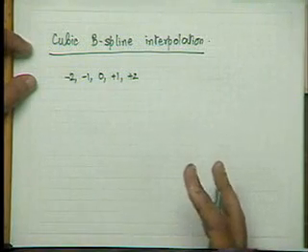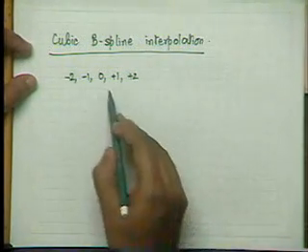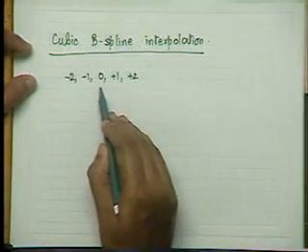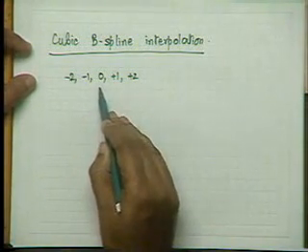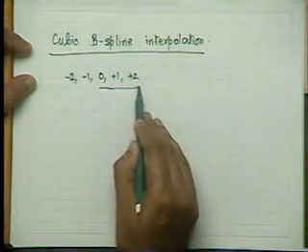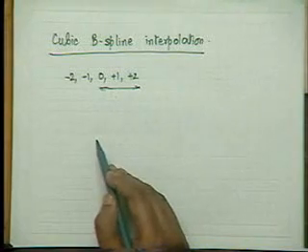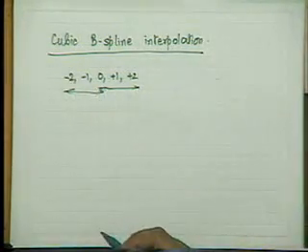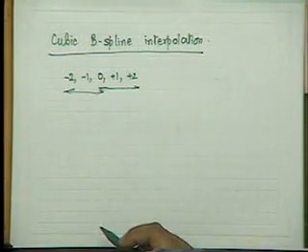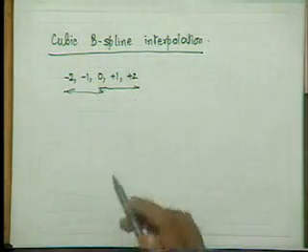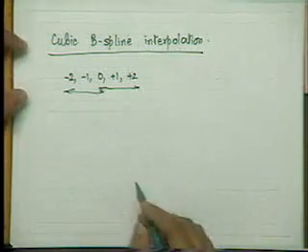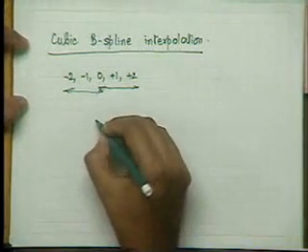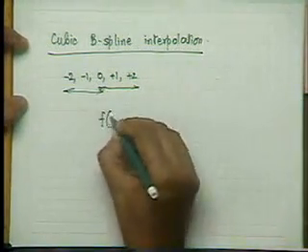And of course it is symmetric. So if we know the nature of the function from 0 to 2, we can also know the nature of the function from 0 to -2. Is that correct?